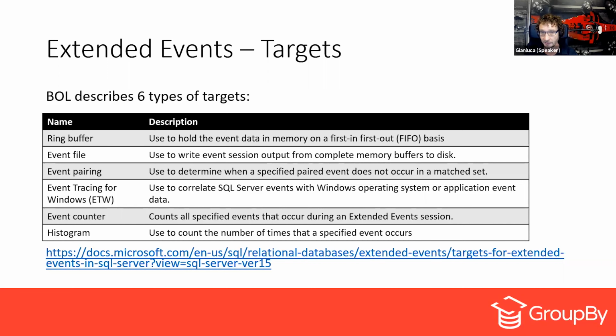Probably you already used the most famous ones, like the ring buffer or the event file target. Basically, with a ring buffer target, you write your events to a buffer in memory so that you can go back there and analyze these events at a later time. And with the event file target, you write your events to a file as you used to do with SQL Trace, so nothing particularly new.